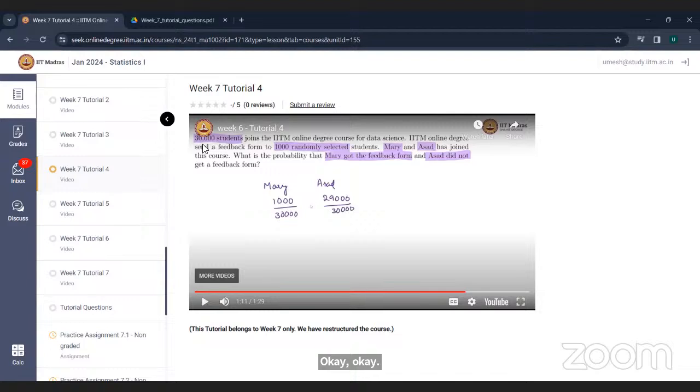No, no, no. This argument does not work. See, you can't fix your sample space into 1,000. सर सैंपल स्पेस को मैं फिक्स नहीं कर रहा हूँ। मैं कह रहा हूँ जो 30,000 में से एक ही मैरी थी हमारे पास, तो वो मैरी इन 1,000 स्टूडेंट्स के साथ कैसे मैप हो सकती है, 1,000 वेज में। 1,000 ways आपने क्यों बोला? मैप जैसे हो? फर्स्ट हो सकती है, सेकंड हो सकती है, थर्ड हो सकती है। It's not like that.